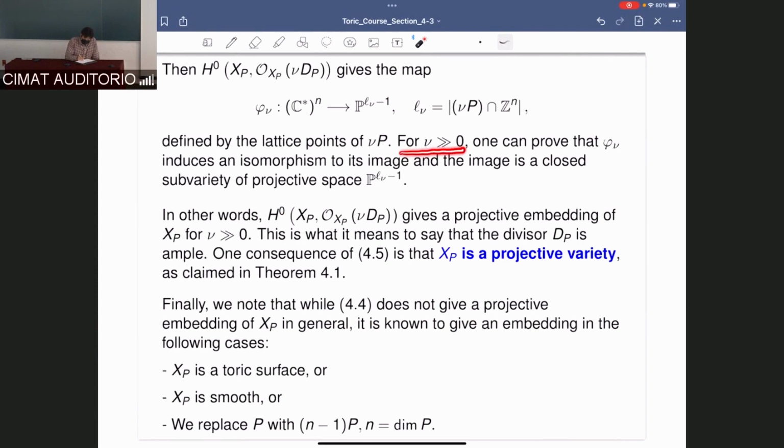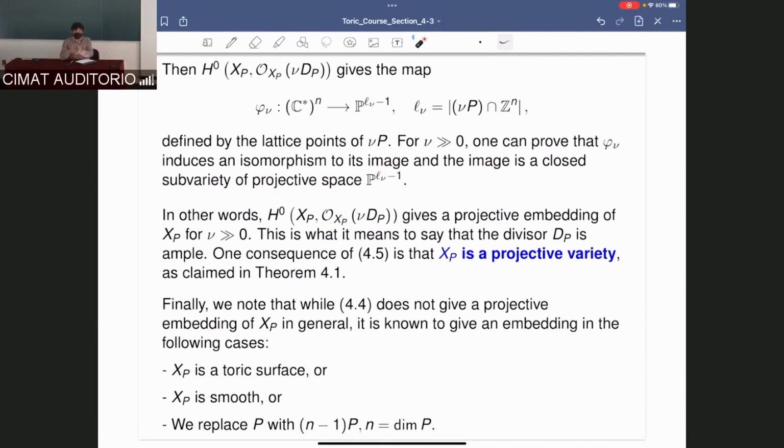If you scale your divisor by a number, for example 70 times your divisor, 200 times your divisor, one can prove that that map is a closed embedding, meaning it gives you an isomorphism to the image, and that image is a closed variety of projective space.